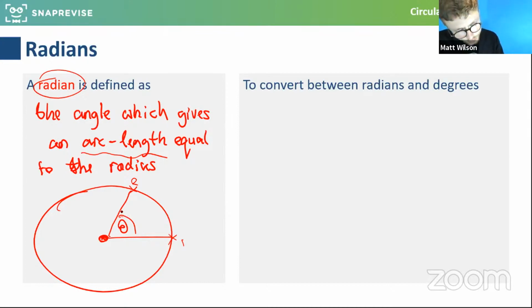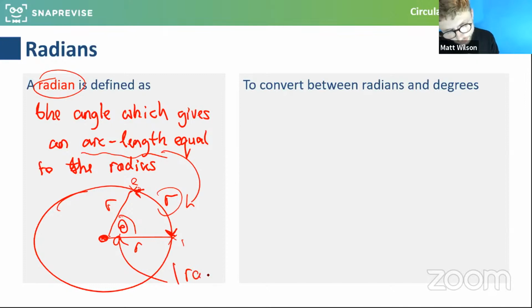Well, we know that each of these lengths here is r. And we have some length here, the length of this curve that goes around the edge of the circle. Now, if it was all the way around, it would be the circumference. It's a bit of the circumference. Now, if this length here is r, so this is the arc length, if the arc length is the radius, then we say that the angle is 1 radian.